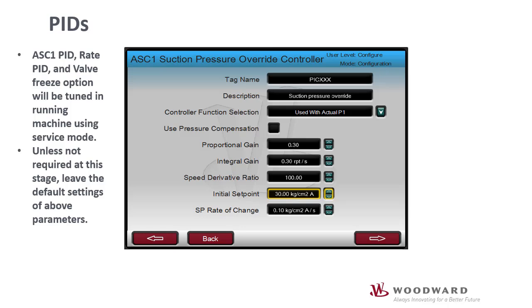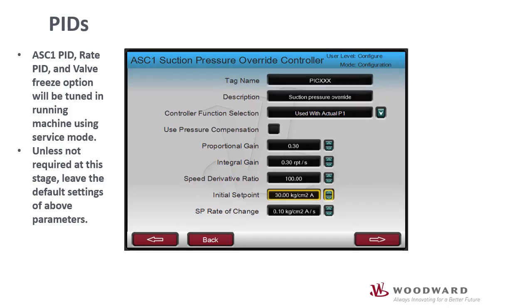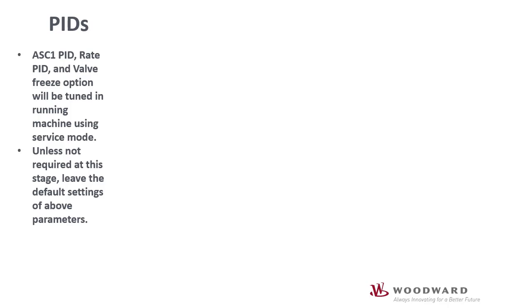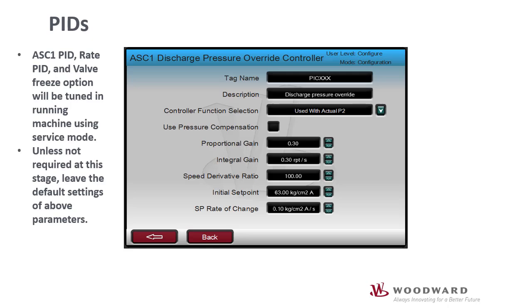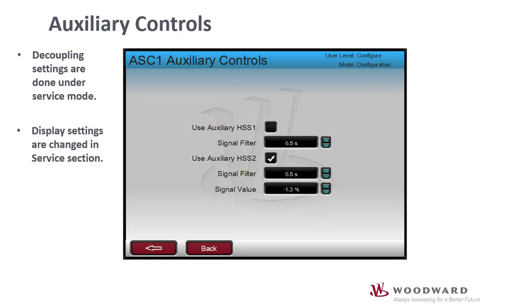Otherwise, we should talk to the customer and figure out what are the critical set points for the suction or discharge pressure. If there are no issues when suction pressure goes very low, or no issues when discharge pressure goes very low, then we don't need to configure override controllers. The same concept is applied to discharge pressure as well.